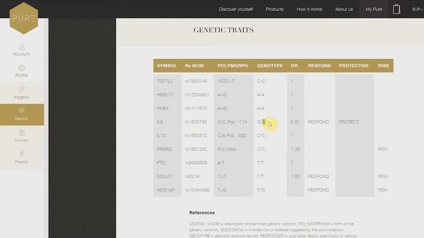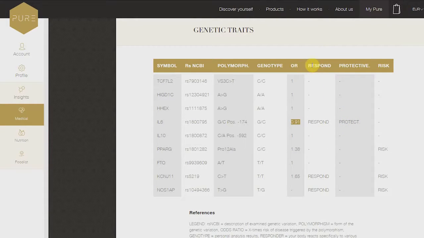And this is actually protective. So this person has a lower risk of developing the disease through this gene. So the odds ratio is a 0.91. So this person has a 0.91-fold risk of developing the disease. This means it's protective. This is why in the protective column you see the word protective.